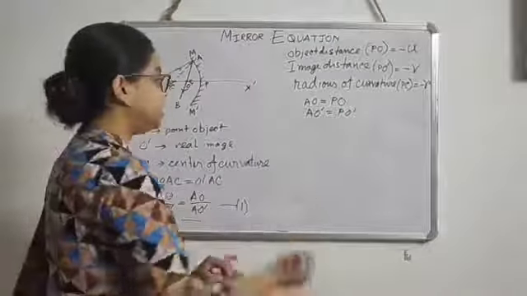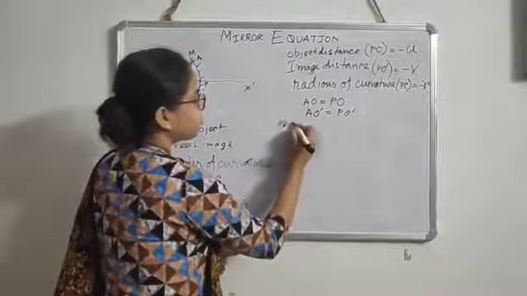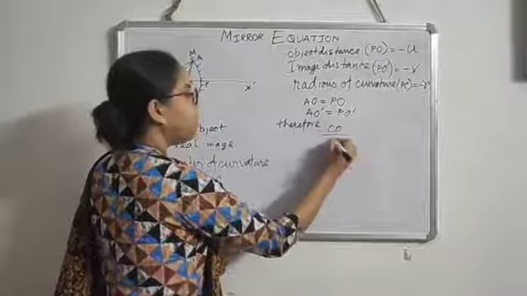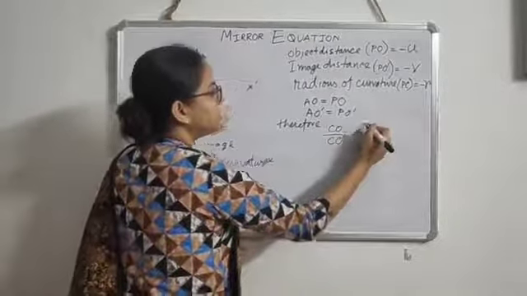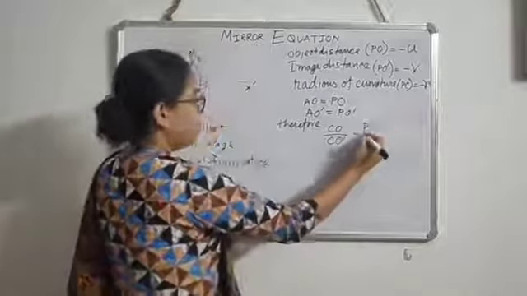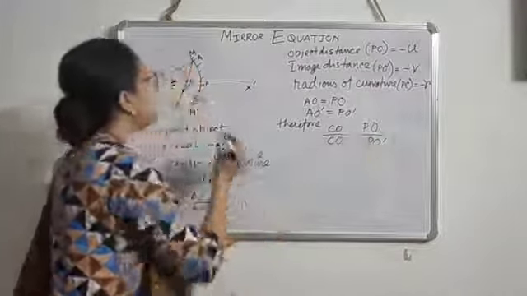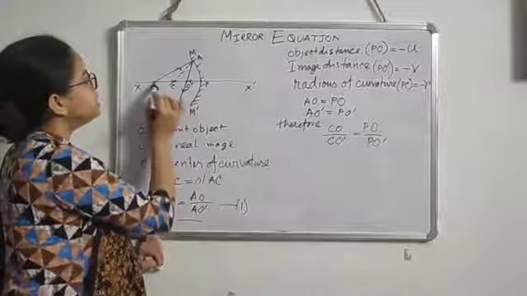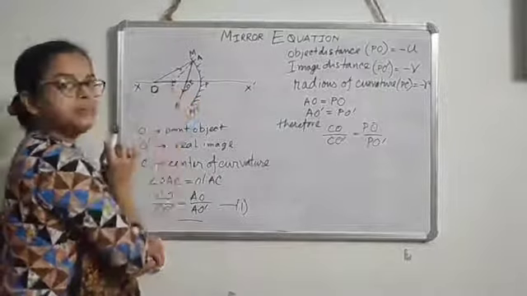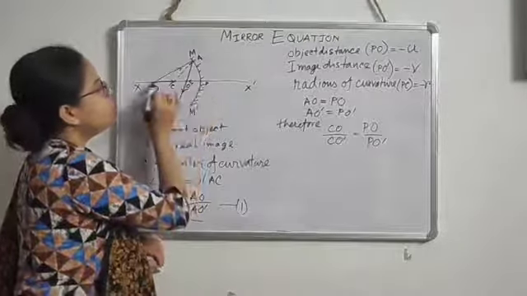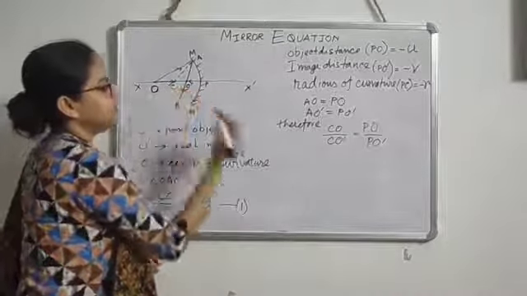Therefore, CO by CO dashed is equal to PO by PO dashed. We can write CO, this part is named as CO. So we can write this as PO minus PC.